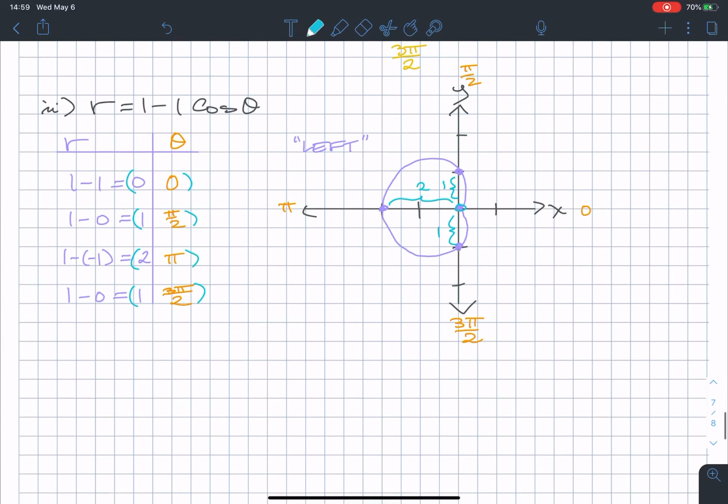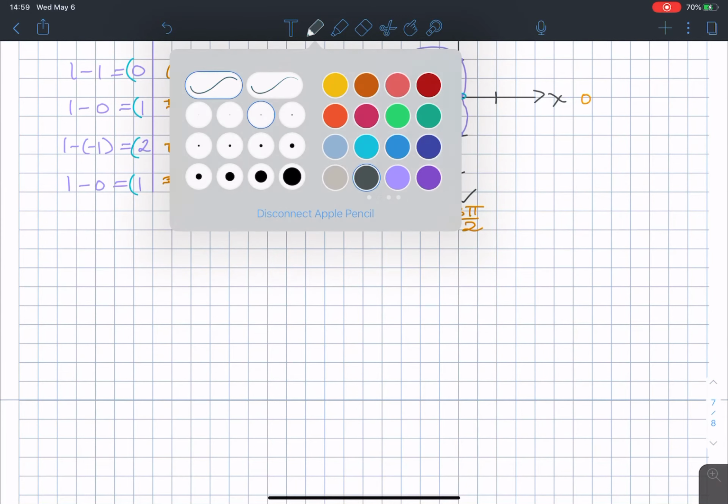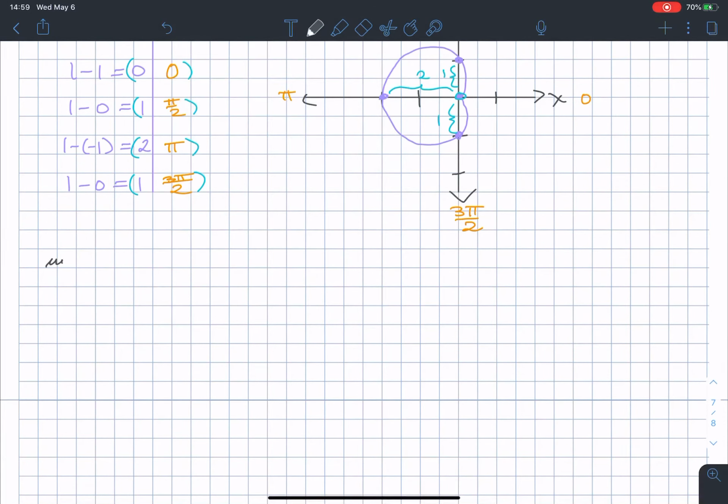Let's do now sine. So for example, number 3, let's say we have r is equal to 3 plus 3 sine theta. So I claim that this is up. 2a equals 6 and a is equal to 3.